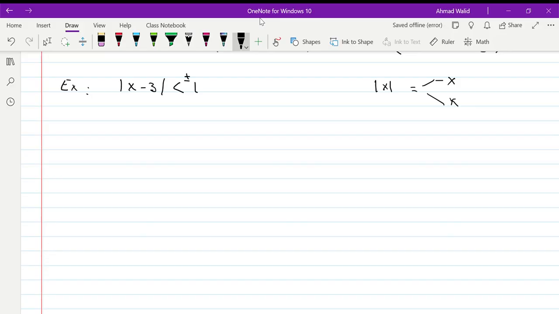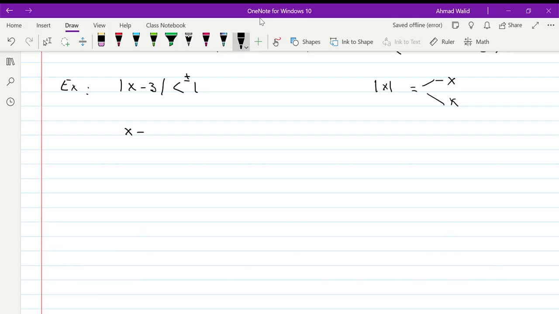Now, there are two methods of solving absolute value inequalities. Method 1: you write two separate inequalities, solve them separately, graph them at the end, and write your final answer. Be careful, I'm explaining something here, watch it. Remove the absolute value sign.